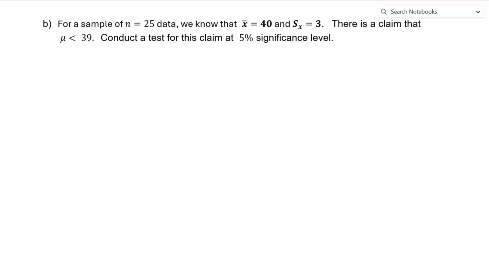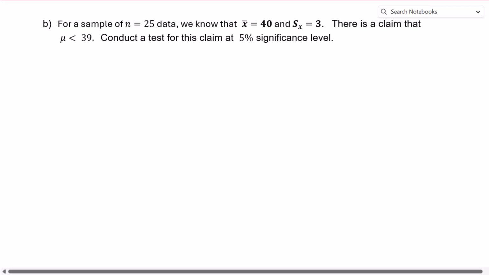Let's go to B. For a sample of n equals 25 data, we know that x bar equals 40, s sub n minus 1 equals 3. There is a claim that mu less than 39.